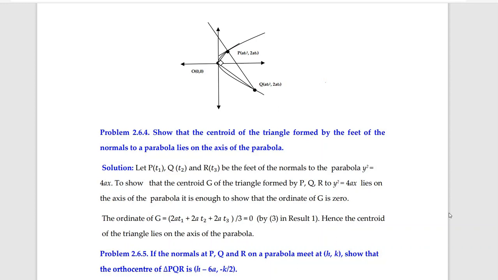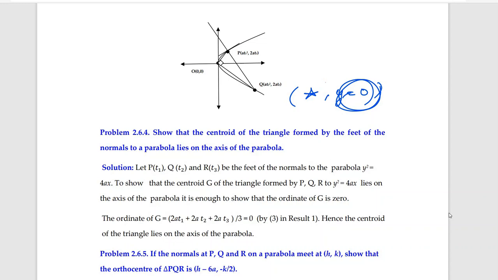We are not bothered about the x coordinate, because we want the centroid to lie on the axis of the parabola. The axis of the parabola means y is equal to 0. So if I am able to show that the ordinate, that is the y coordinate, is 0, then what is required is done.